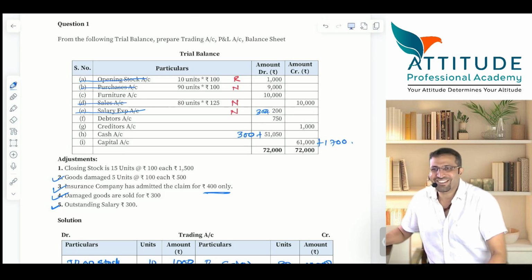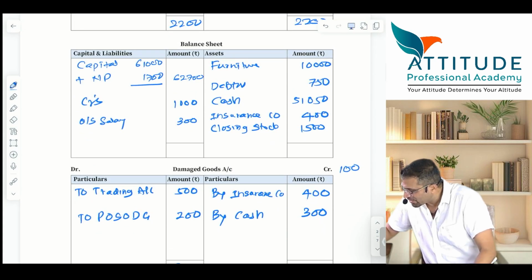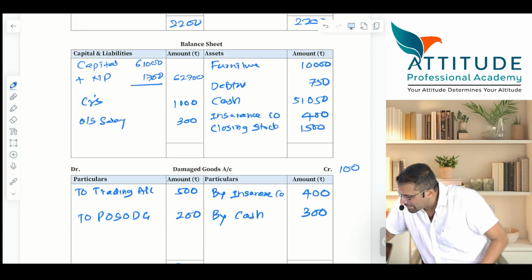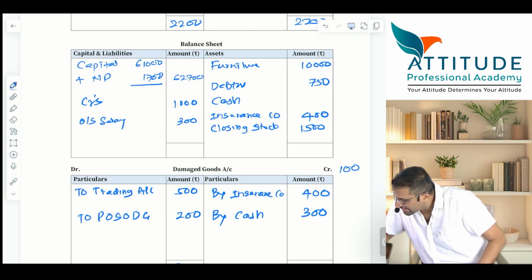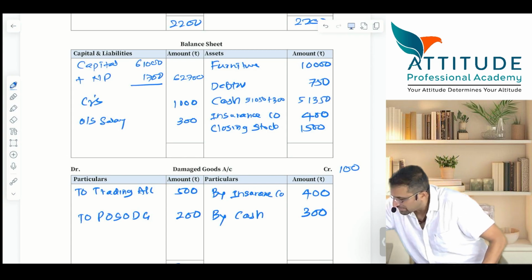Oh, missed out. So cash will not be this much. Cash will be 51,050 plus 300, 51,350. Now you tally it. Will it tally on both the sides?